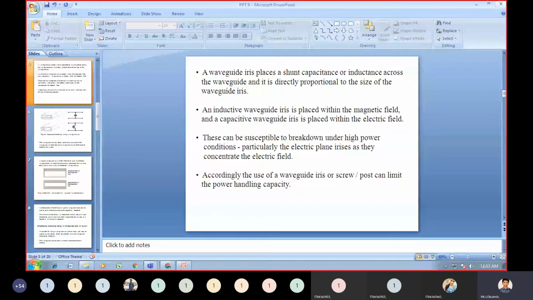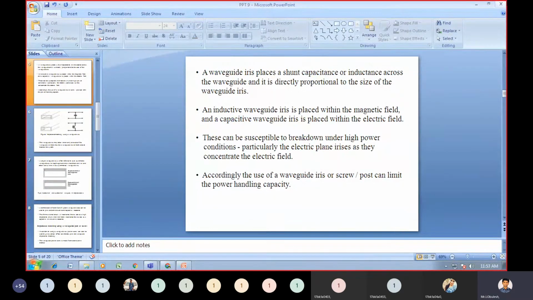Because you are using the electric field in the electric plane, these high power conditions are a particular problem, as they concentrate the electric field.